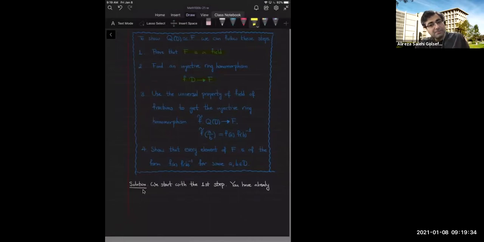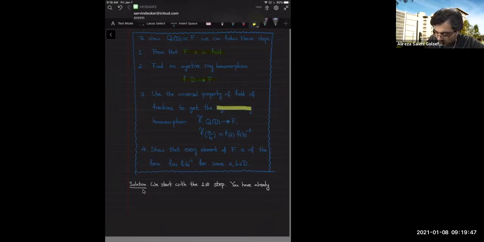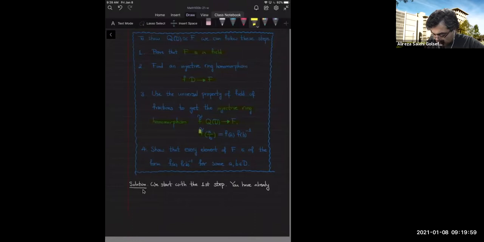Then the third step comes for free out of the universal property of field of fractions. Using the universal property of field of fractions, you deduce that there is an injective ring homomorphism f tilde from the field of fractions of D into F, that's given by this equality: f tilde of the fraction a over b is the same as f of the numerator times the inverse of f of the denominator.